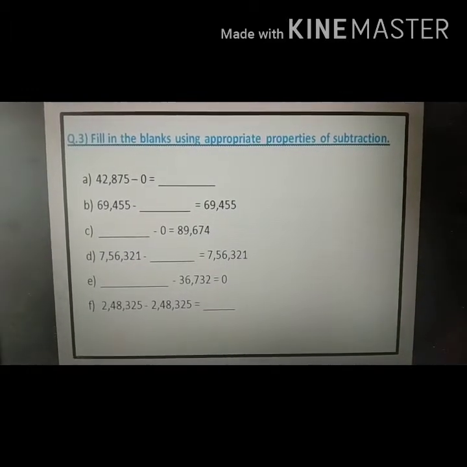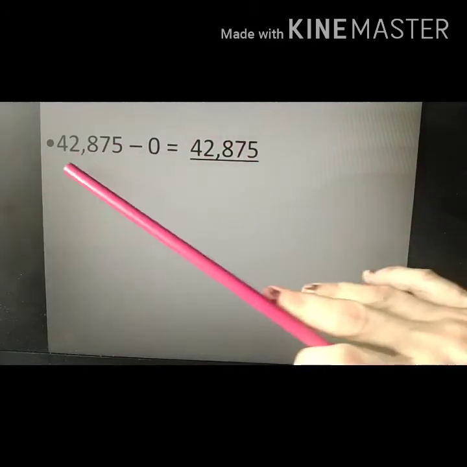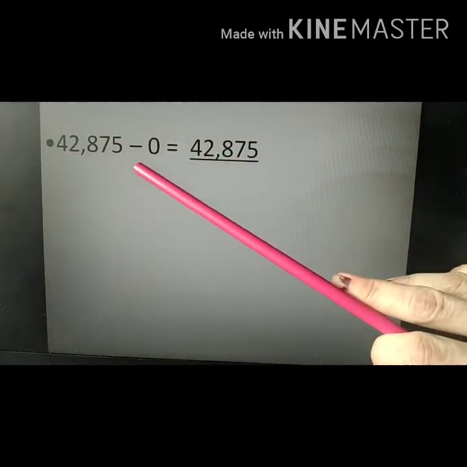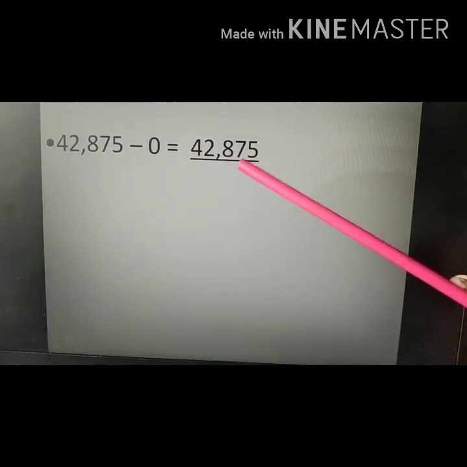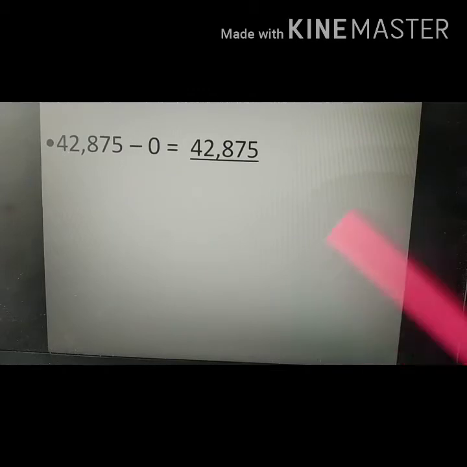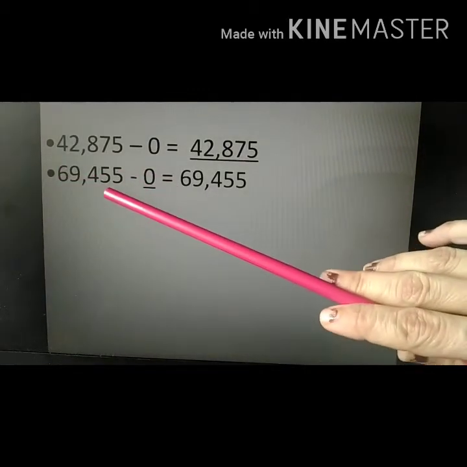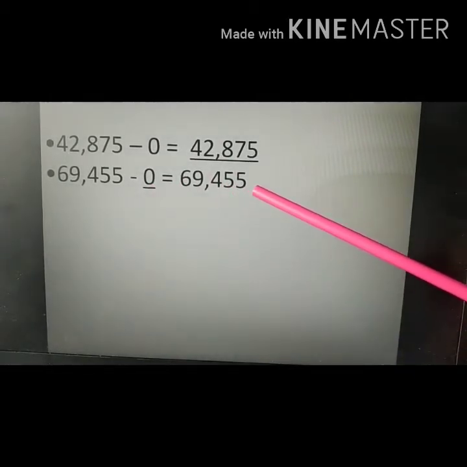So let's check these blanks once again. Let's take a recap of all the filling the blanks. First is 42,875 minus 0 is equal to 42,875. Next is 69,455 minus dash is equal to 69,455.